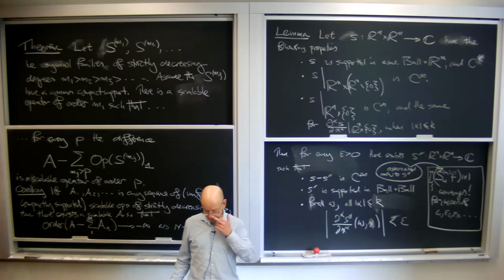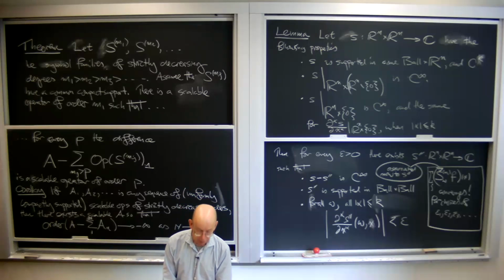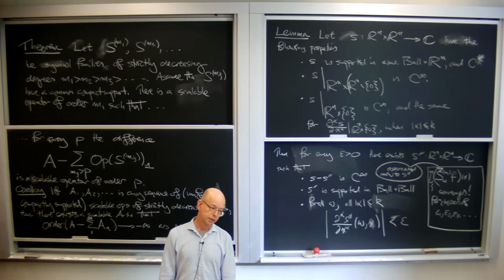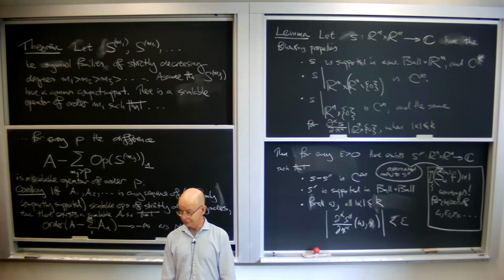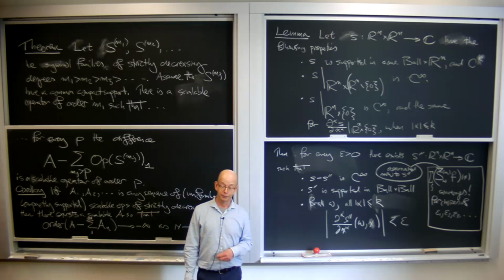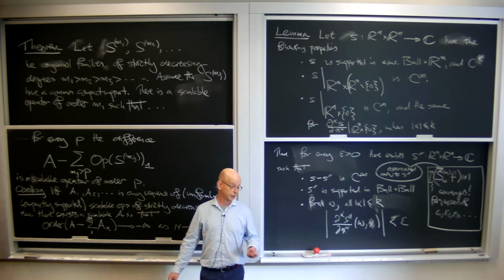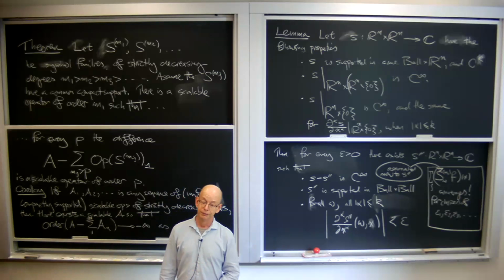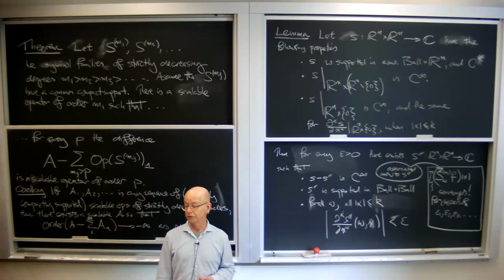It's a fact that the Laplace operator, which is a scalable operator of order 2, is invertible modulo smoothing operators, and the inverse is a scalable operator of order -2, and that's relevant to many things. It proves, as we saw much earlier in the class, that the Laplace operator is hypoelliptic. Any solution of delta U equals V, for V smooth, has to be a smooth function U.